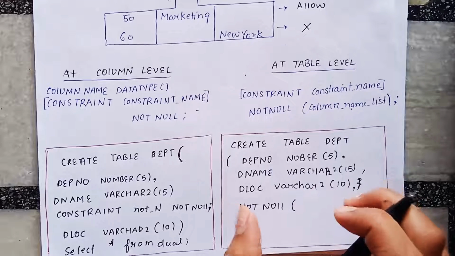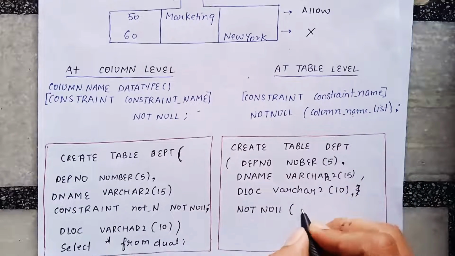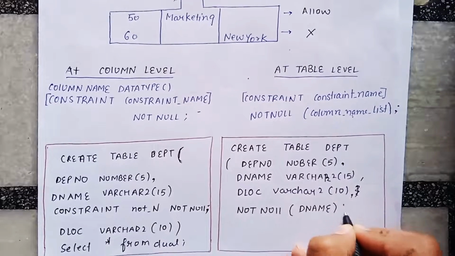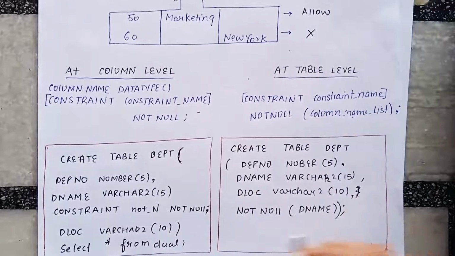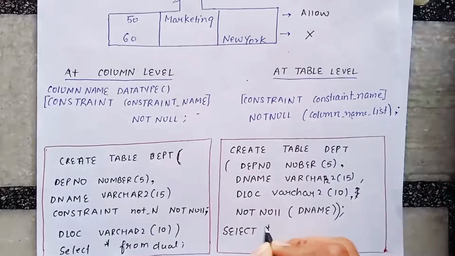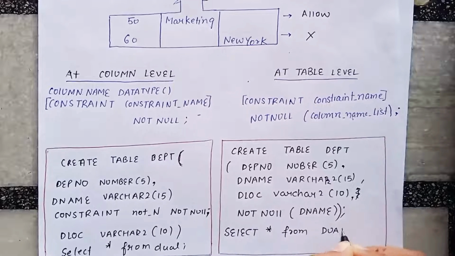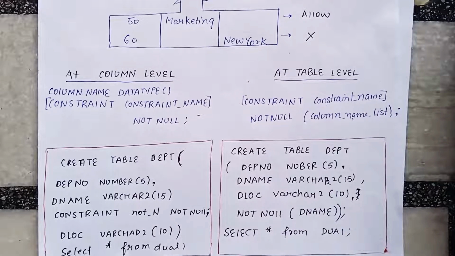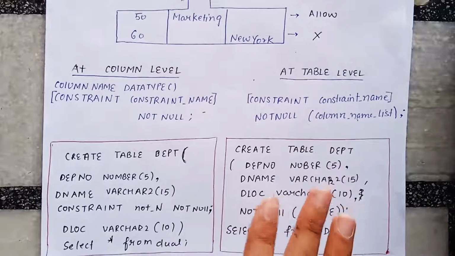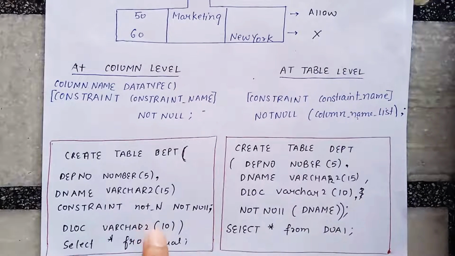For now I have applied only this not null constraint on only one column, that is d name, so I will name this column over here. Select star from Dune. So this is a simple method for creating a table and applying the not null constraint at table level, and this is at the column level.